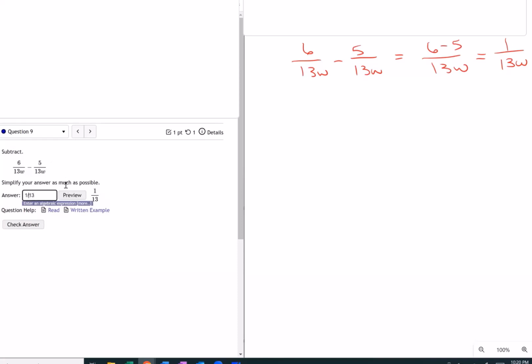You always want to watch the preview, because if I don't put these parentheses, the w was not in the denominator. The w was in the numerator. You have to make sure you check.